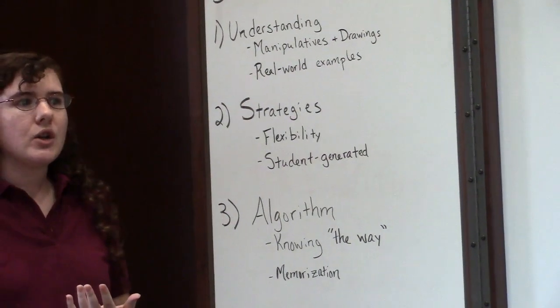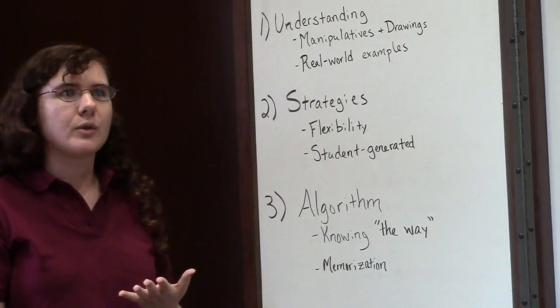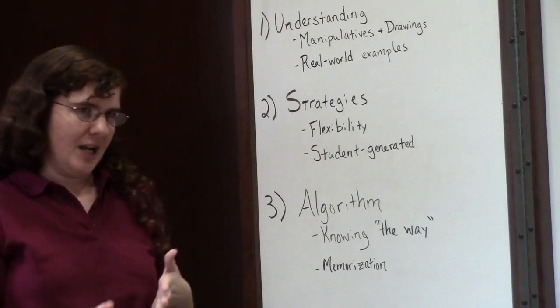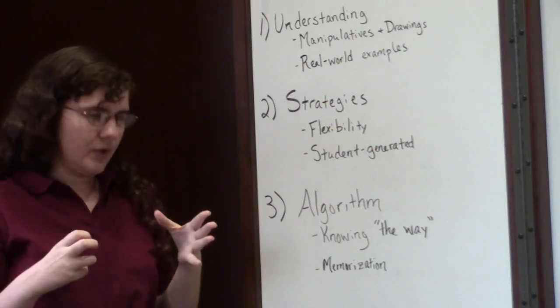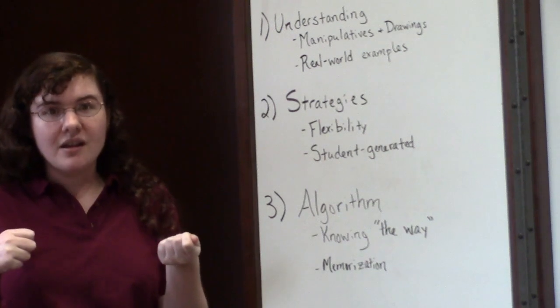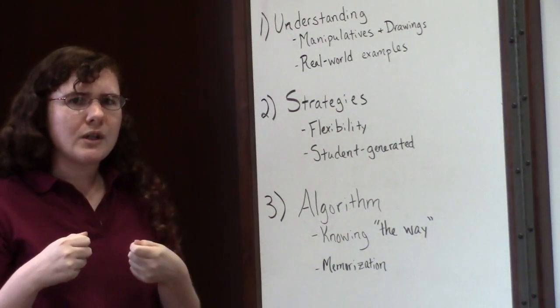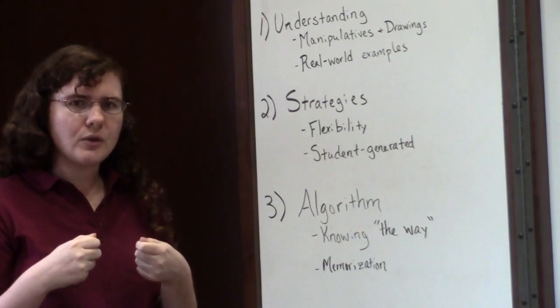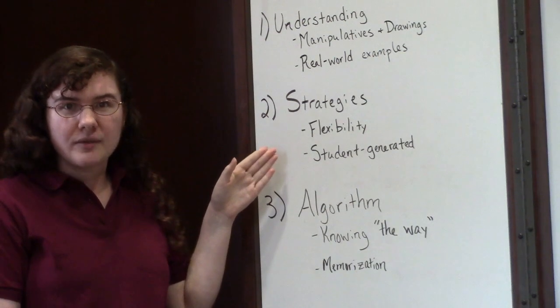Or they could learn that when you don't know your 7s times tables, if the problem was 7 times 5, they wouldn't have to count by 7s. They could count by 5s instead, that 7 times 5 is the same thing as 5 times 7. All of those little tricks that help students do things more quickly are at this stage.